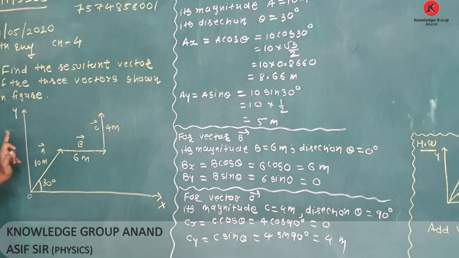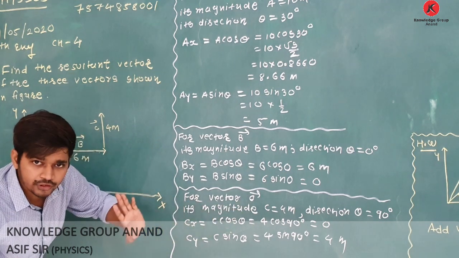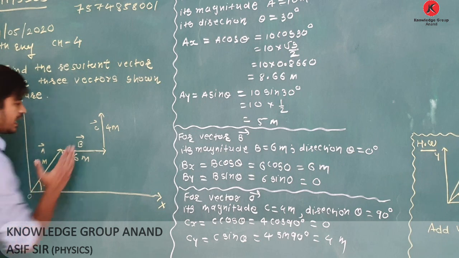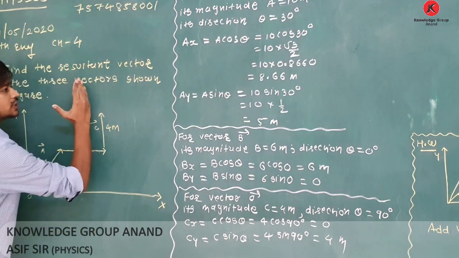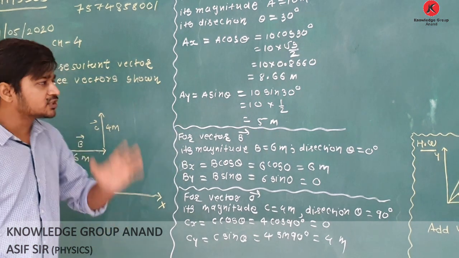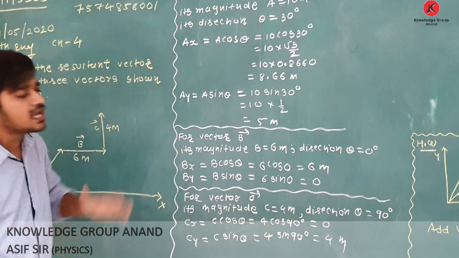Yes or no? Cx is equal to 0 and Cy is equal to 4 meter. So remember, when any vector is in y direction, its x component will be 0. Clear? So you are given data in form of magnitude and direction. Find components of each and every vector Ax, Ay, Bx, By, Cx and Cy.